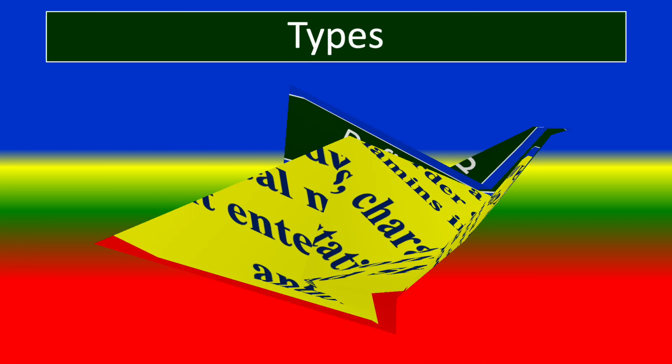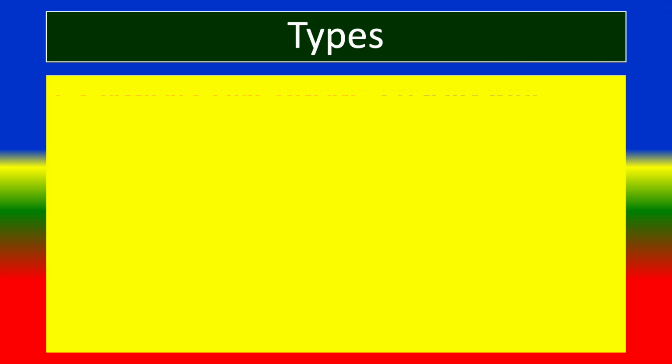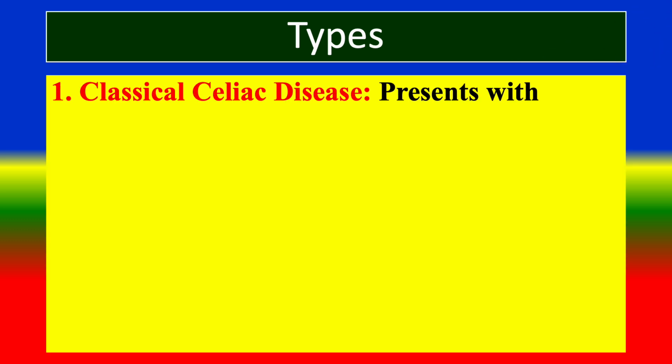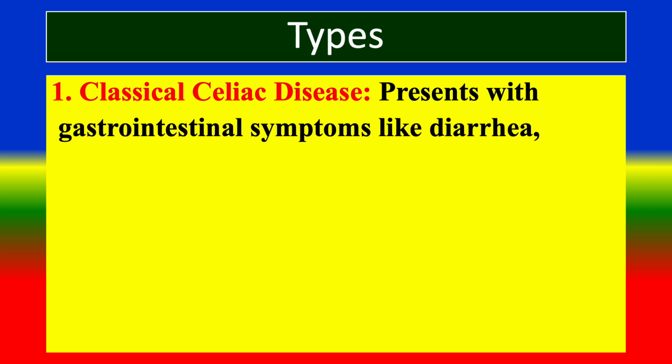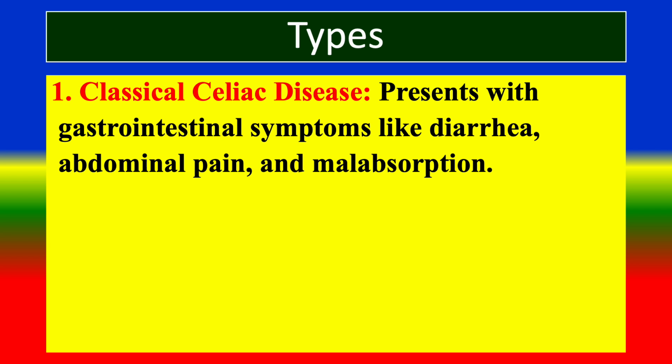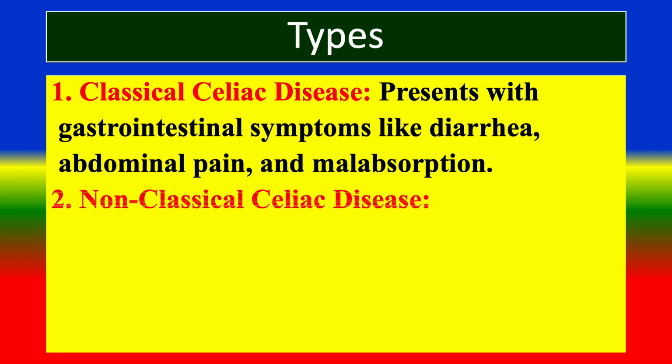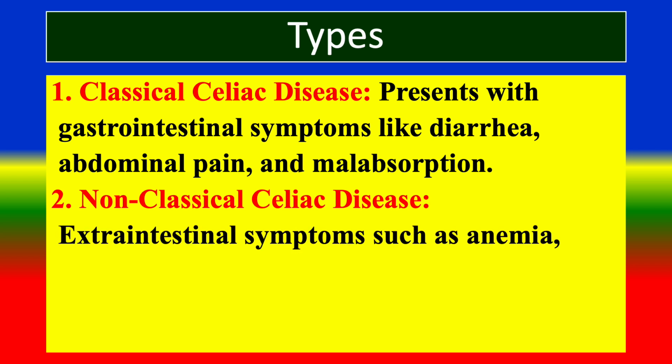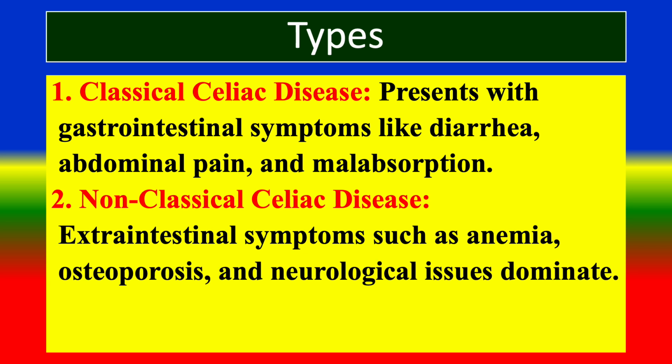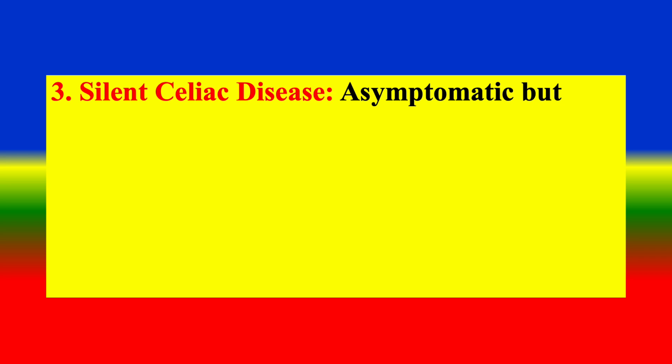Types. 1. Clinical celiac disease presents with gastrointestinal symptoms like diarrhea, abdominal pain, and malabsorption. 2. Non-classical celiac disease, where extraintestinal symptoms such as anemia, osteoporosis, and neurological issues dominate. 3.